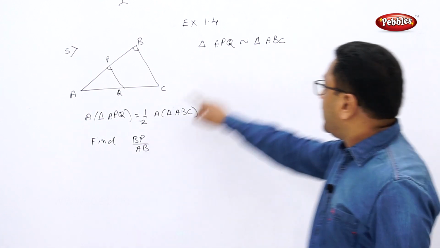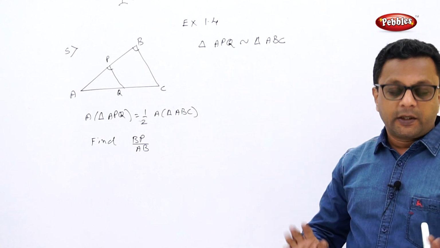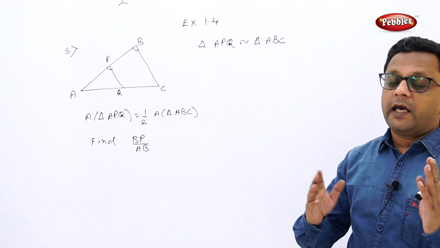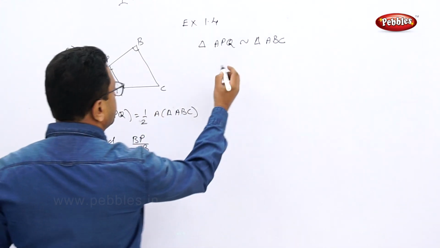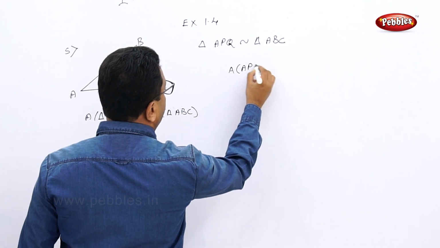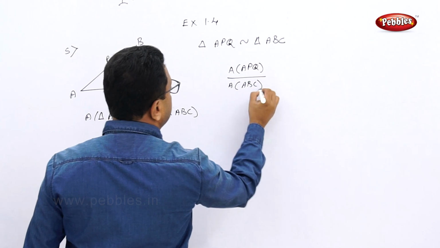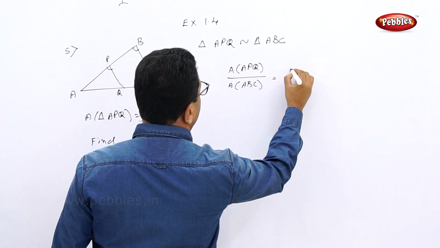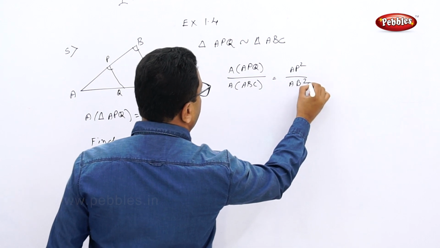BP is not there, but AP is given. So first of all we'll write what we know. That is the theorem on areas of similar triangles. So I will write down area of APQ upon area of ABC is equal to AP square upon AB square.